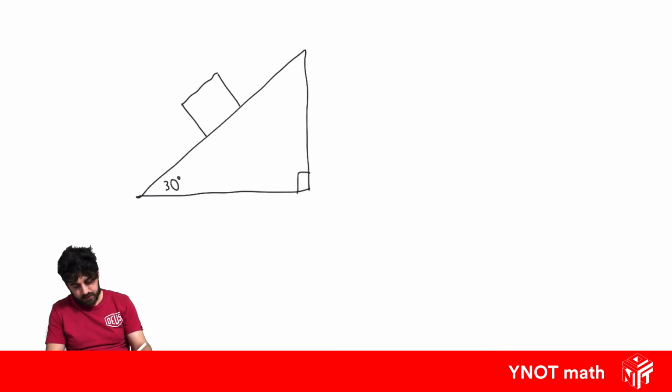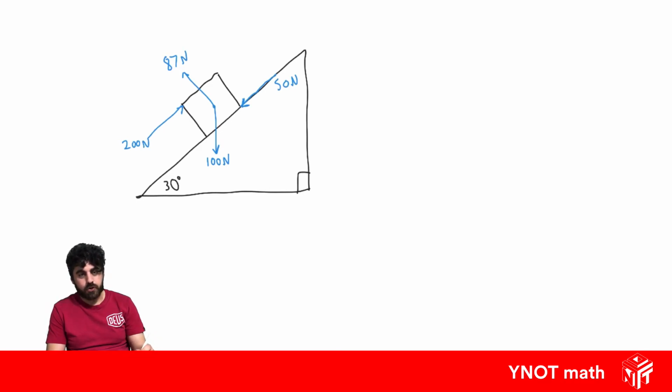Let's give the weight of the box as 10 kilograms, which is roughly 100 newtons. Say we're pushing the box up the incline with a force of 200 newtons. There's some frictional resistance of 50 newtons, and there's a normal force of 87 newtons.